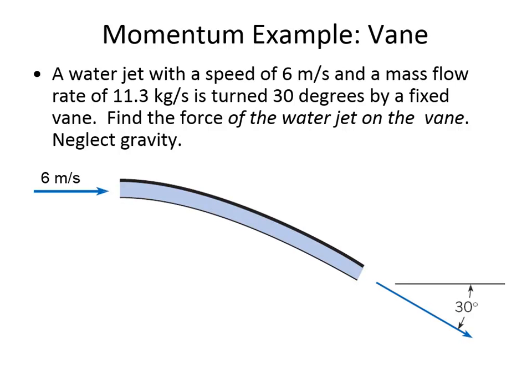So the force is down to hold the system steady, but the force of jet on vane is 33.9 newtons up. The jet pushes the vane up.